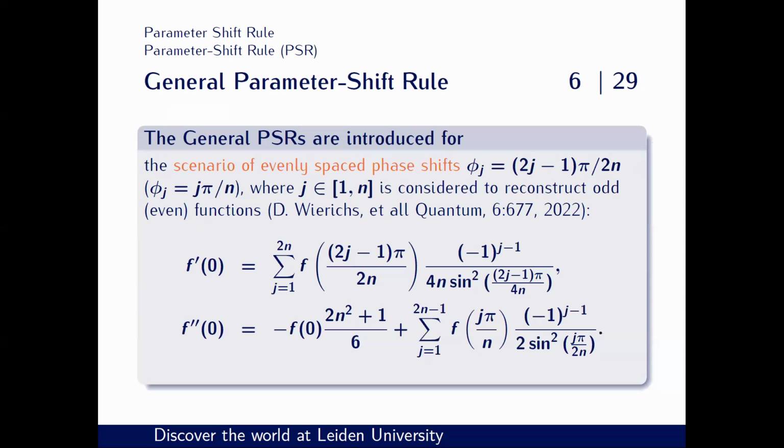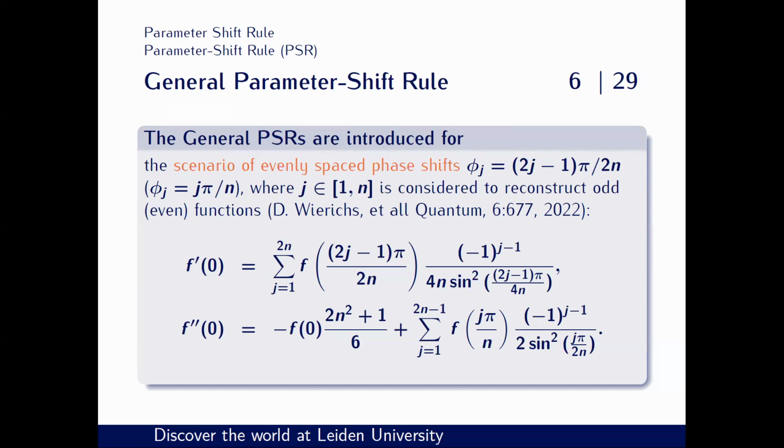Here you can calculate the first and the second derivative automatically. You don't need extra measurements. You can calculate them both, having the same collection of measurements. You need 2n-1 values of your function to get the exact solution.